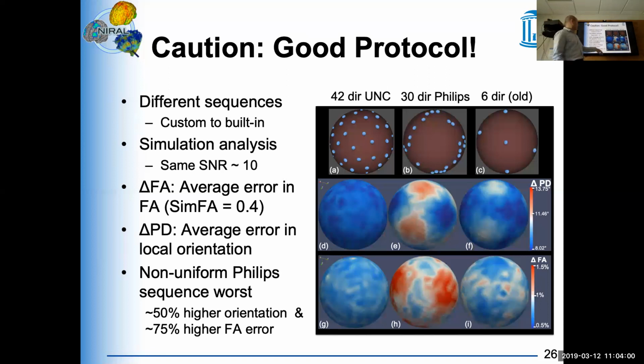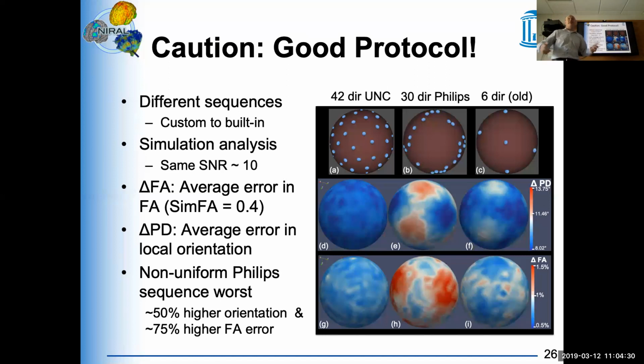Just to drive home the point, this is the FA estimation where it goes from like a 0.5% error to triple that error in this particular case. So let's say if you have a track that runs like this versus a track that runs like this, you triple the error on the estimation of the FA. So that's why you don't want to do this. The reason is not just that your error is now different for different tracks, it becomes different for different orientations in the scanner.